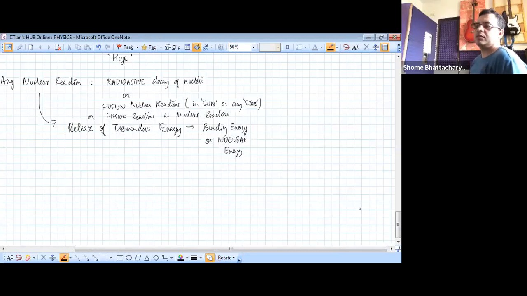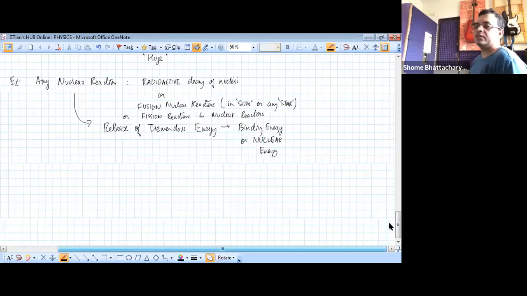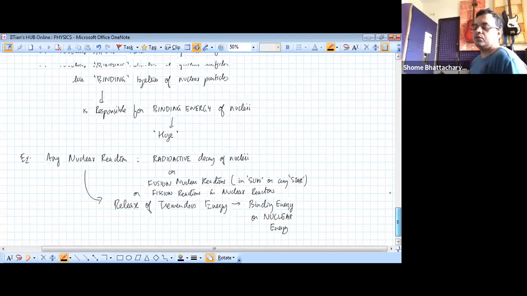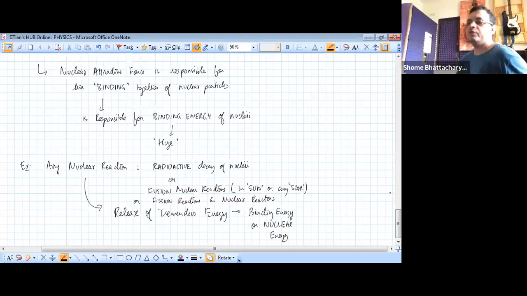So for example, in a nuclear reactor or a nuclear power generator, you need very small amount of nuclear fuel to generate a very, very tremendous amount of energy. So why that happens is that the amount of energy released from the binding energy of the nucleus is much, much more significant compared to electromagnetic energy.